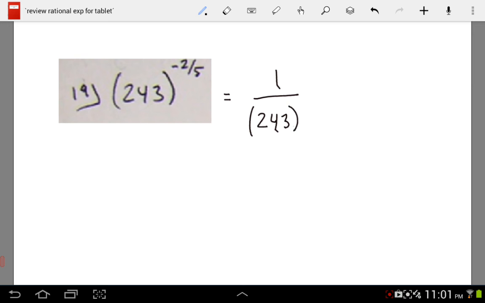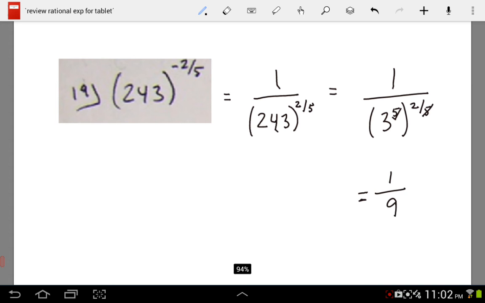So now I can write that as to the positive 2/5 power. Now let's write 243 as 3 to the 5th power. Now my 5's will cancel out. So that's really 1 over 3 squared, and 3 squared is 9. So it's just 1/9 there.